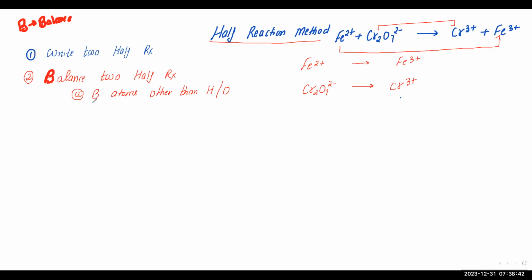B, B means balance. Can we apply this rule on these two equations? Balance this Fe. Is it balanced? Balance this Fe and Fe. Are they balanced? Yes, they are balanced. Do I need to do something here? Yes, children. Do we need to do something?